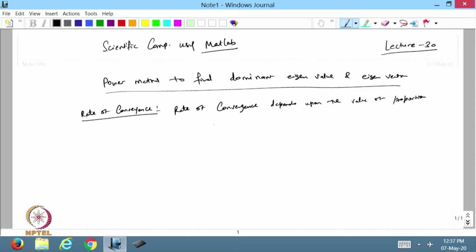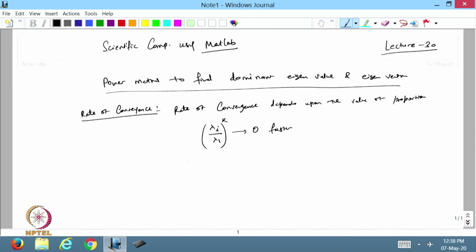So, it depends upon what is lambda i by lambda 1, because if this value is smaller, then the factor, the power k will be much smaller. So, then it will converge to 0 faster.